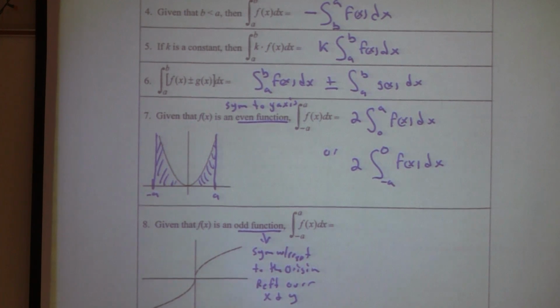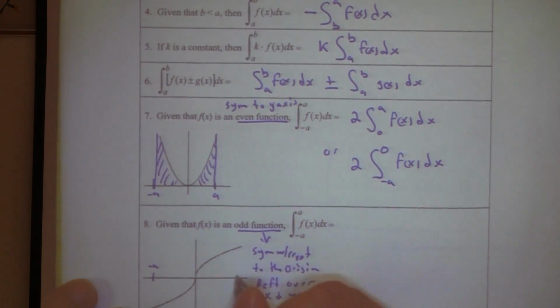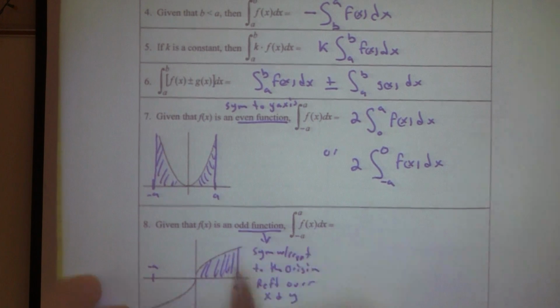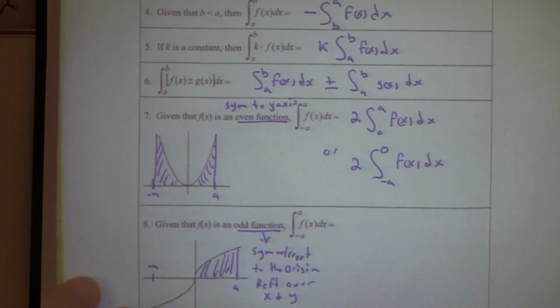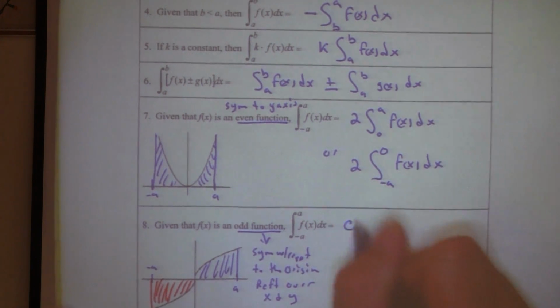Okay? Right. So what do we notice is going to happen in this case when I go from negative A to positive A? We're going to have some area or some space here that's positive and some other space over here that's negative, and they're going to be equivalent to each other. So what should the answer be there? 0, okay?